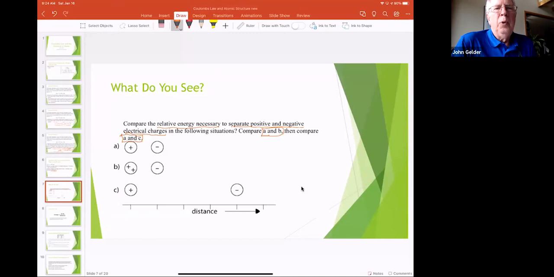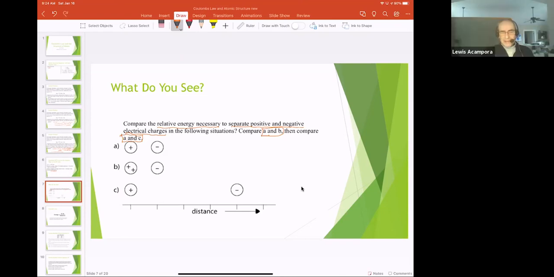And we'll get some feedback from all of you about what your thought is for which case, A or B, do you think would require more energy to separate the charges? So you're comparing just A and B. Yep.